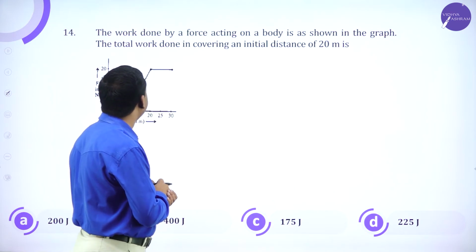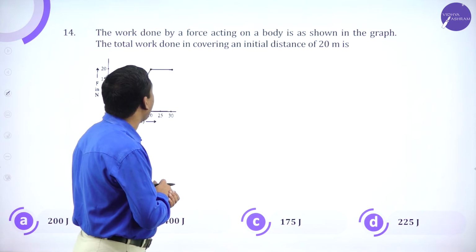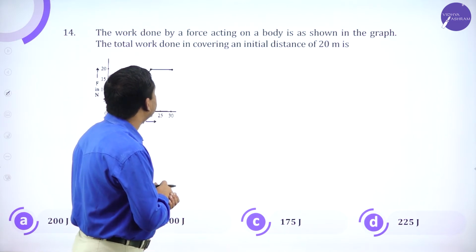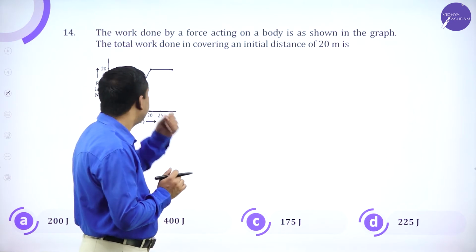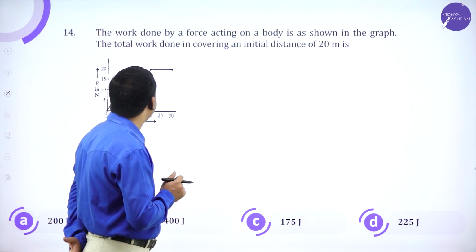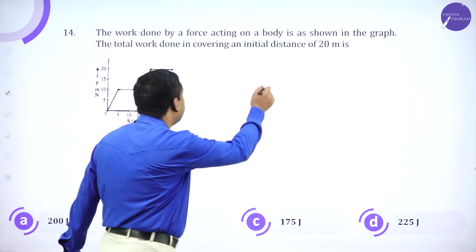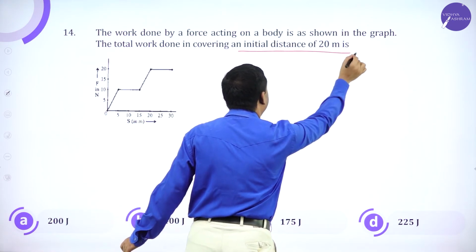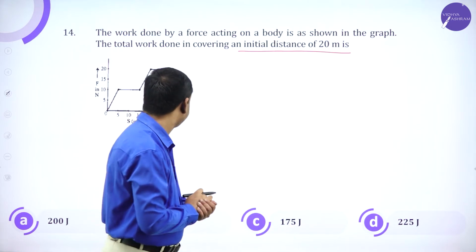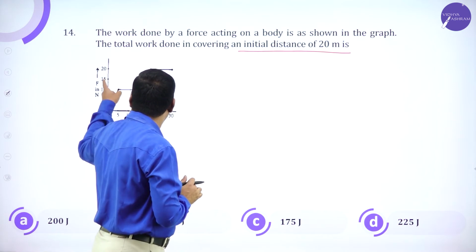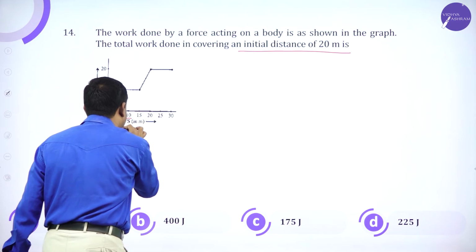Now, the work done by a force acting on a body is as shown in the graph. I have to calculate the work done in covering an initial distance of 20 meters. So this is force, this is displacement.